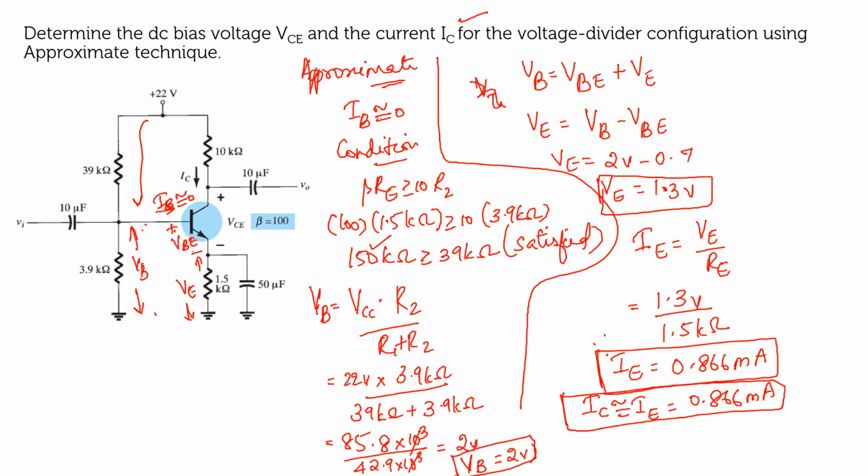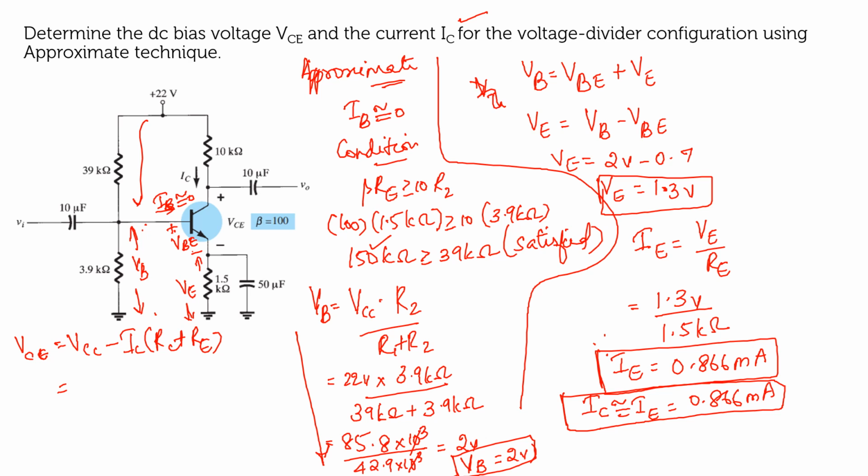Now what is the next value you have to calculate? VCE. Applying KVL across the output loop equation. In the last video we have solved, there is no change. So your VCEQ is equal to VCC minus IC into RC plus RE, right?